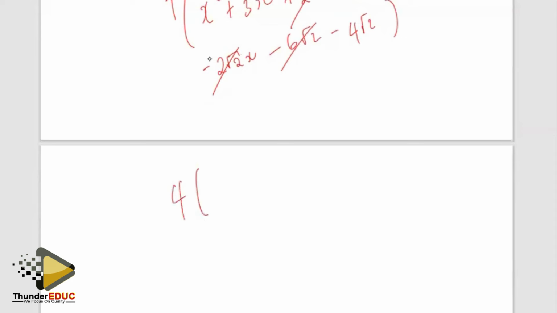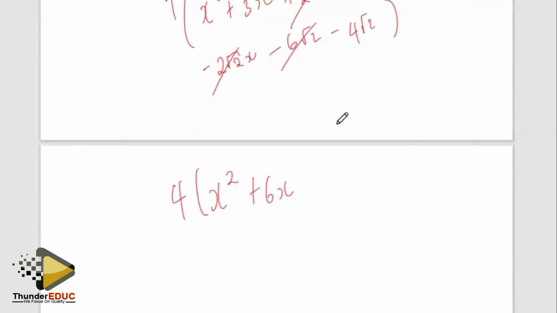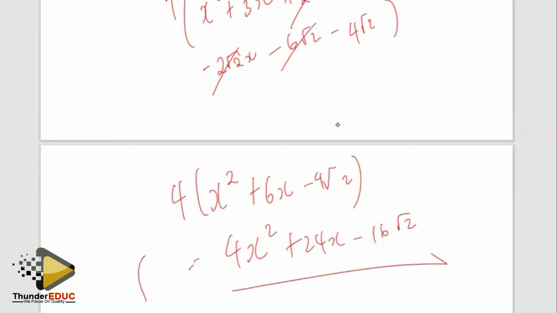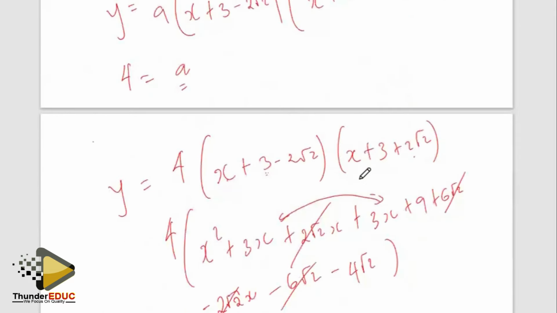So it's a 4 into x squared plus 6x, and then I have minus 4 root 2. Opening up, we have 4x squared plus a 24x minus 16 root 2. So that becomes our f of x. That is our f of x.